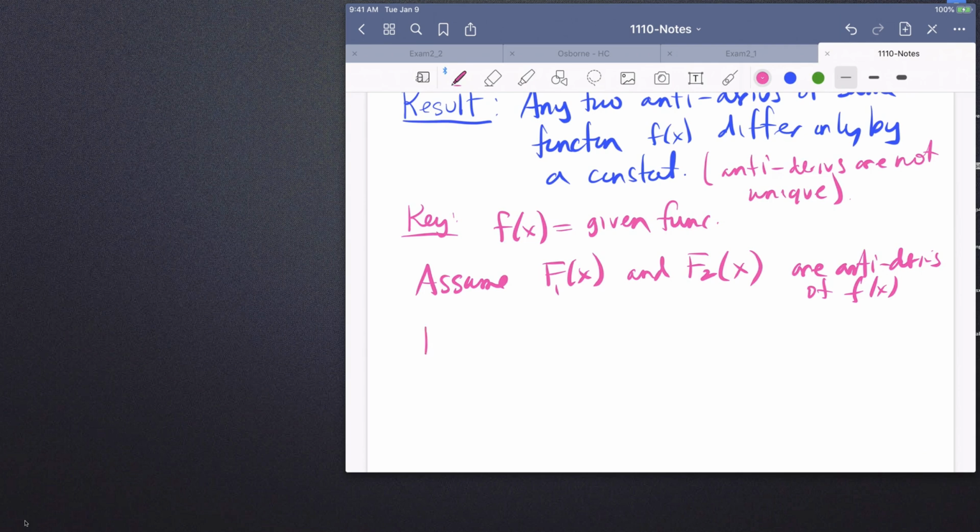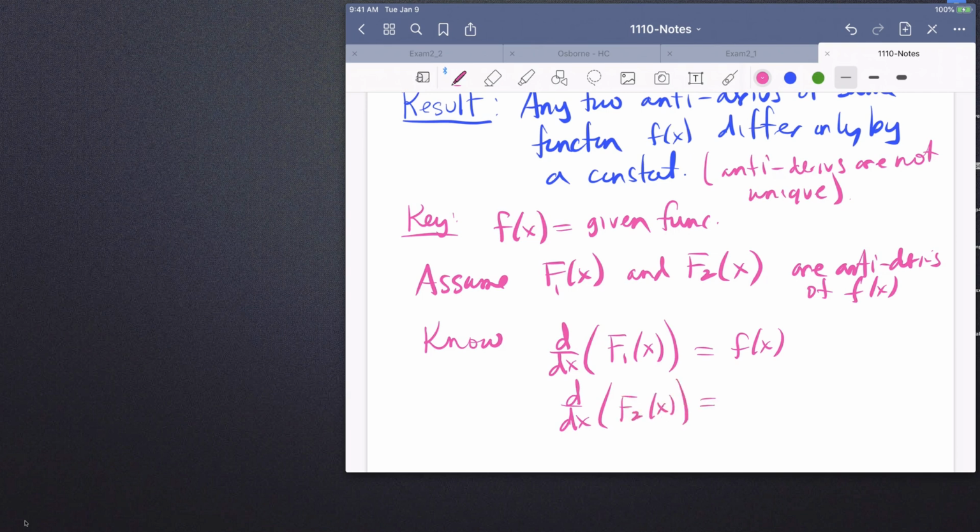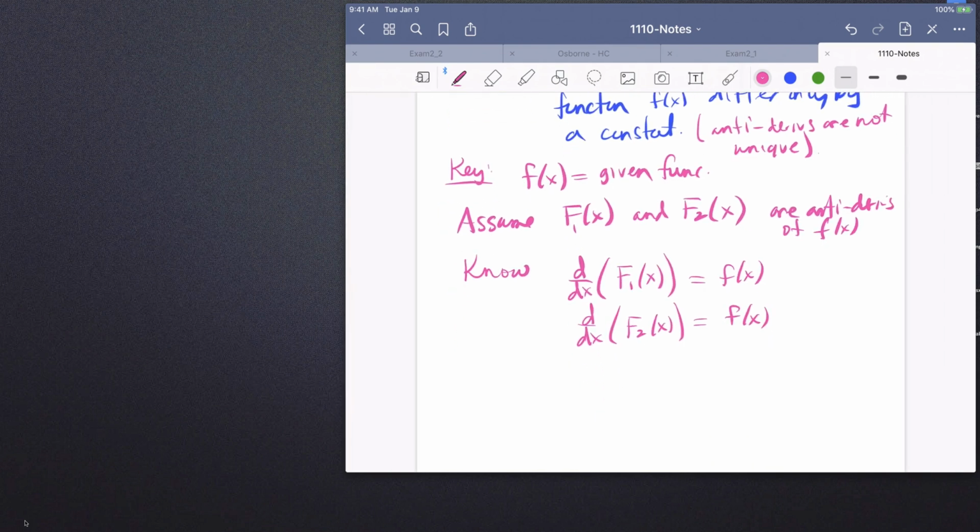Then what you know from those being antiderivatives is that the derivative of the first function F1 is equal to little f of x. And you also know that the derivative of the second antiderivative is also equal to little f of x, the given function. So both of these are true.